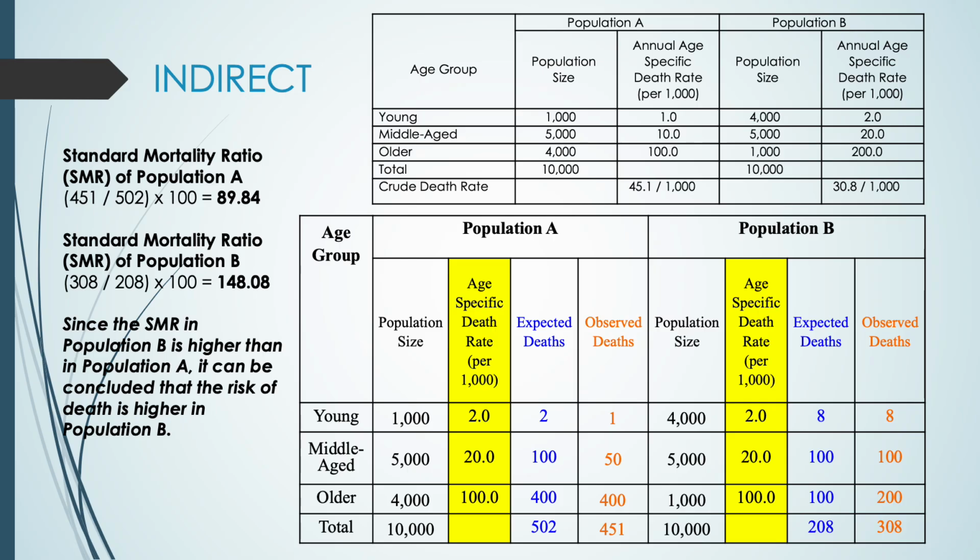Since both populations A and B are now standardized by age-specific death rate, they are now comparable to each other. And since the SMR in population B is higher than population A, it can be concluded that the risk of death is higher in population B.